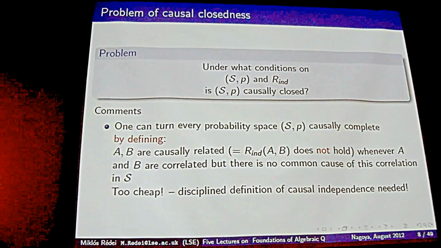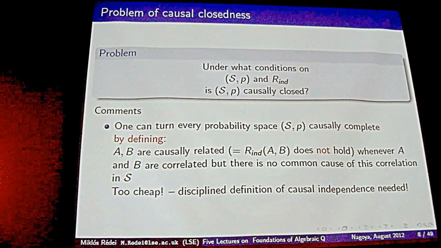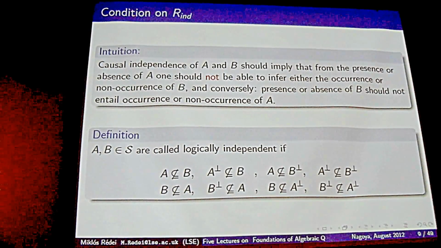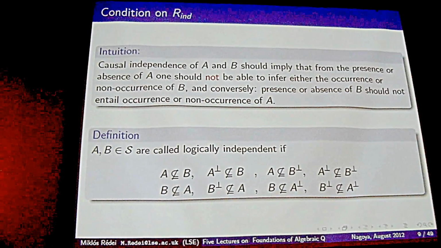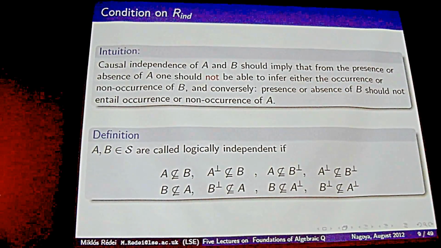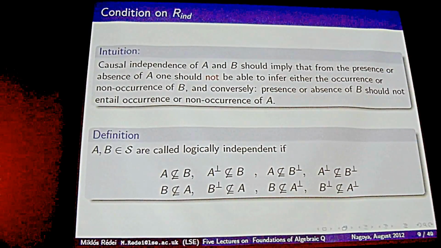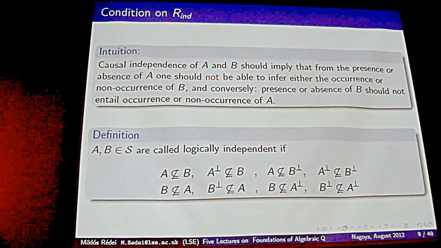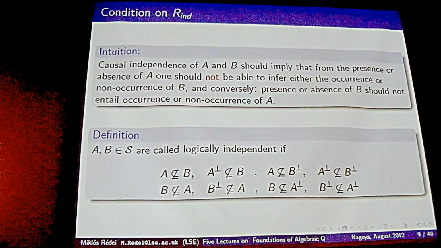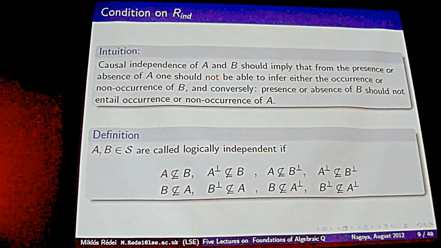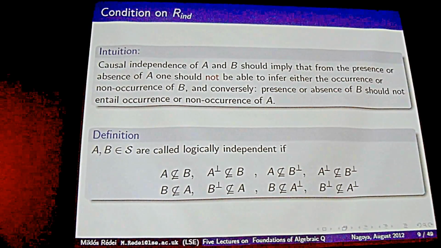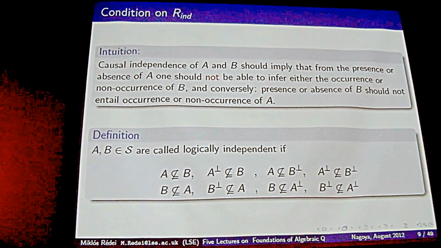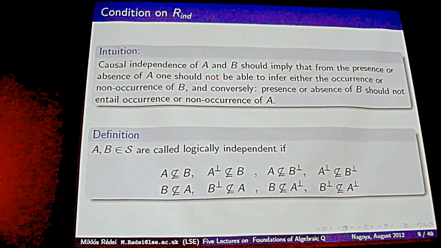And a very weak condition of the causal independence notion is the following intuition, that if A and B are causally independent, then you should not be able to infer either the occurrence or non-occurrence of B from the absence or presence of A. And conversely, from the presence or absence of B, you should not be able to infer the occurrence or non-occurrence of A. This seems to be a minimal condition.